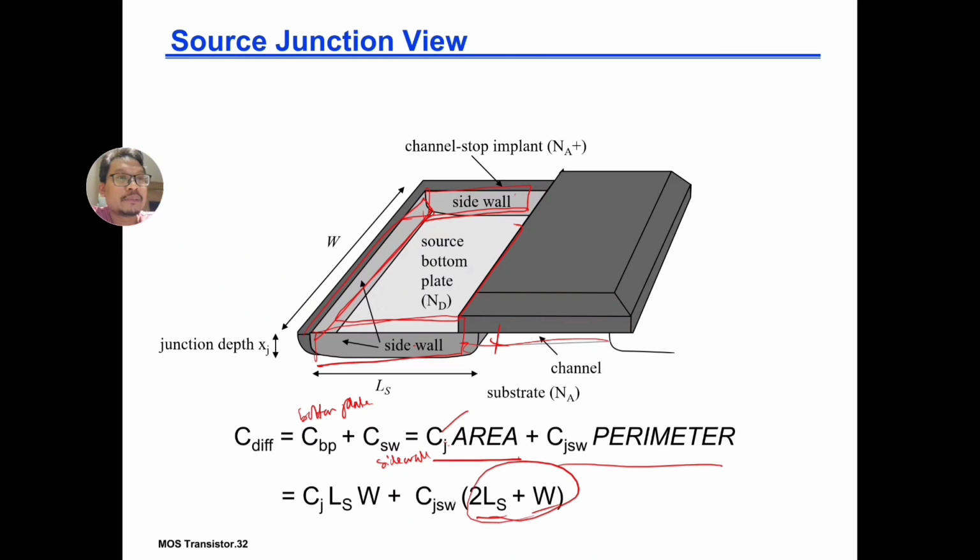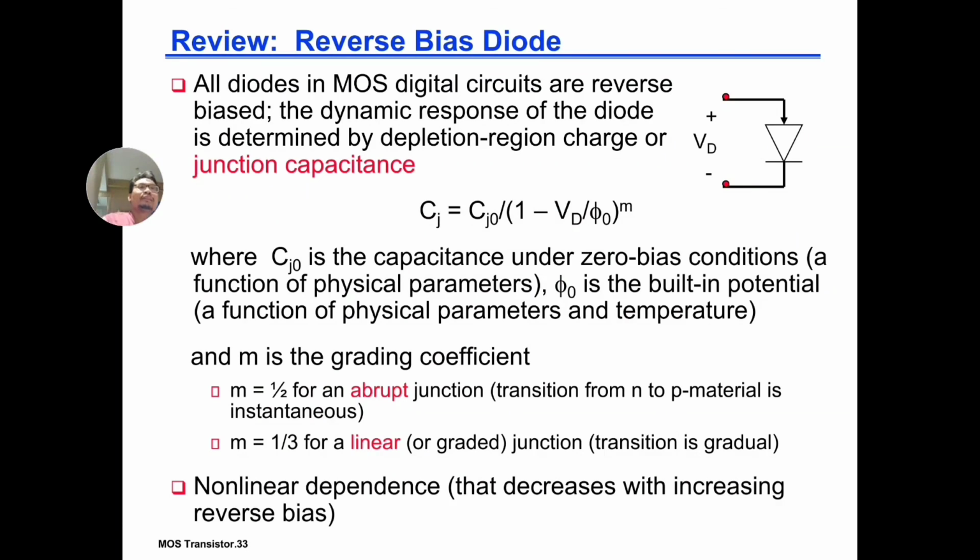The total length is this one, capacitance per length of the sidewall. And here is the area of the bottom plate. LsW is the area of the bottom plate, and CJ is the total capacitance of the bottom plate per area. Okay, for this one, I'm going to skip it. It's not so useful for now.